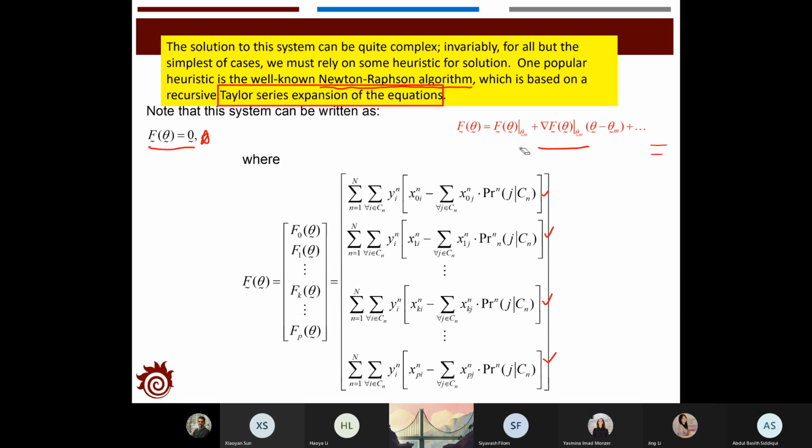For this specific case, as f is a vector, you need to find the partial derivatives for the vector, and this is just the Hessian matrix.